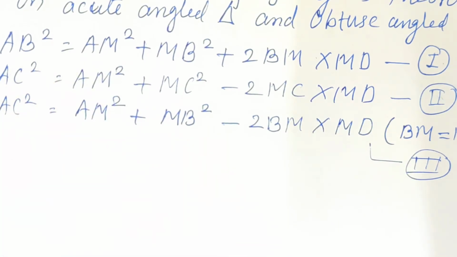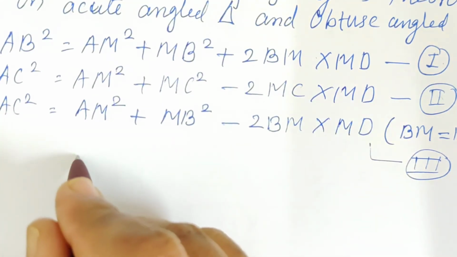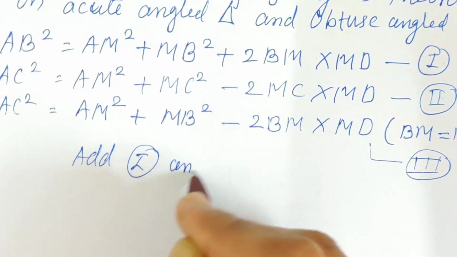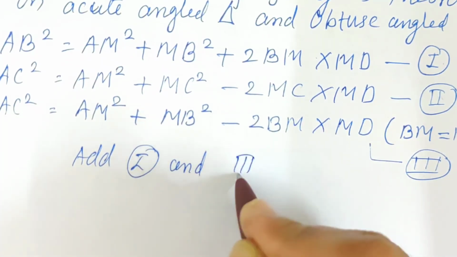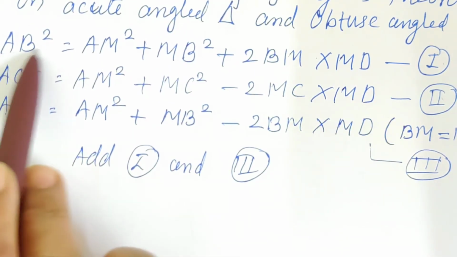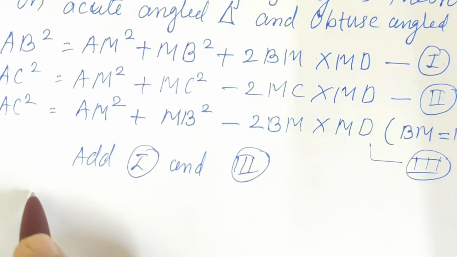So when you will add 1 and 3, left side into left side, you will get AB square plus AC square.